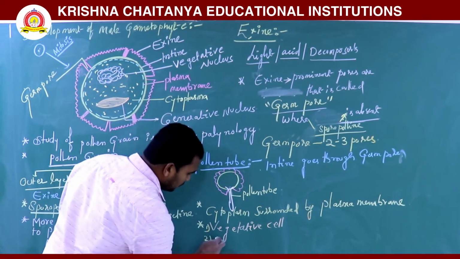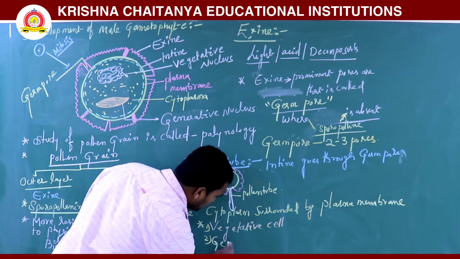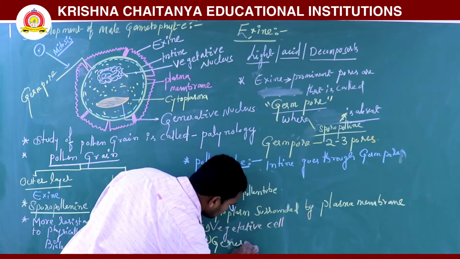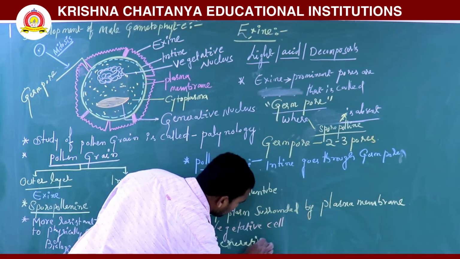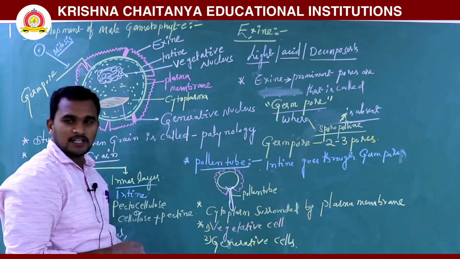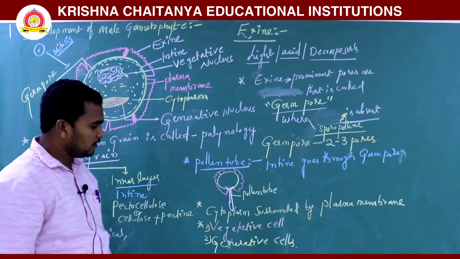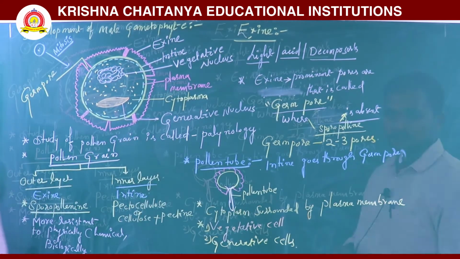One is the vegetative cell, and another one is the generative cell. So the pollen grain contains two types of cells: the vegetative cell and the generative cell.